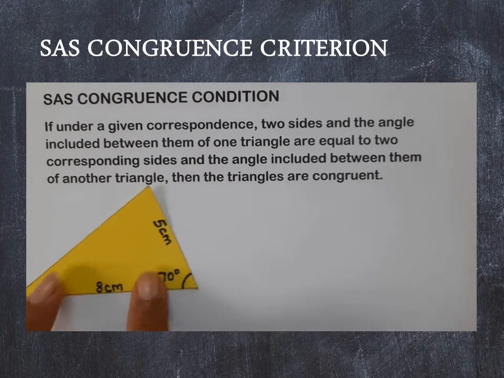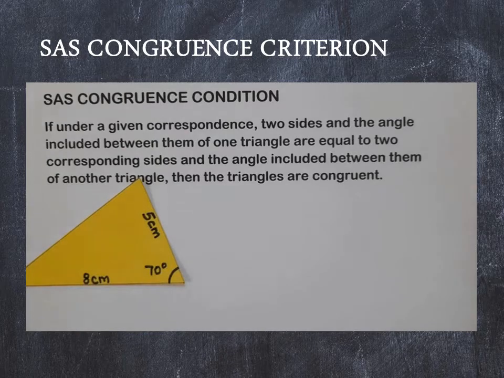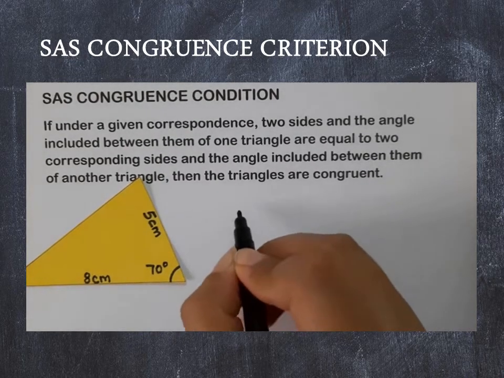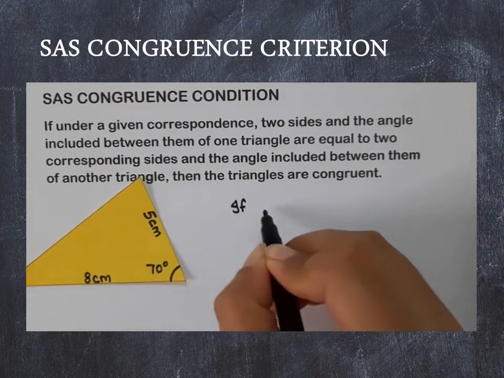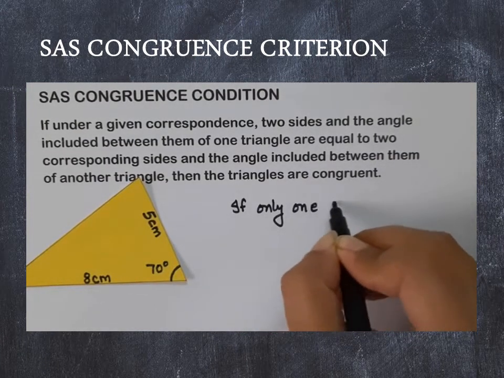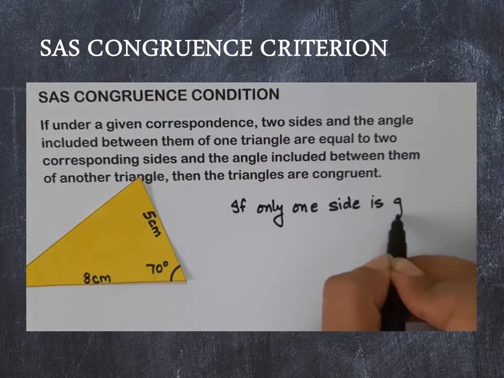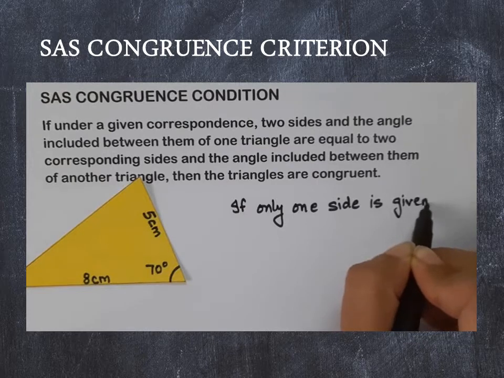So we have this 8 centimeter, 70 degree and 5 centimeter. Now if I have only one side given over here, in the first case, when only one side is given, am I able to construct the copy of the triangle?